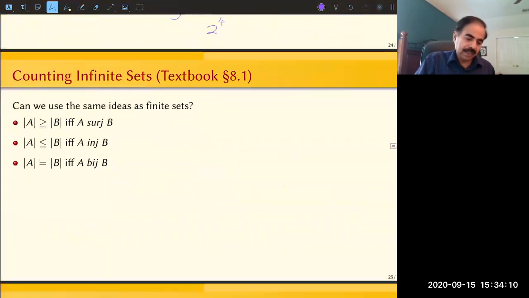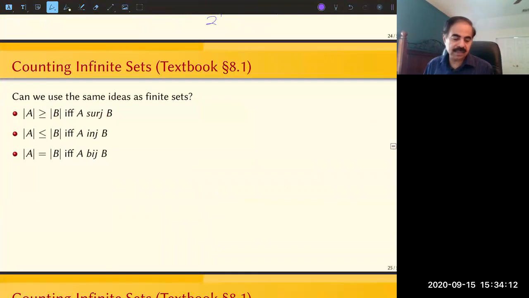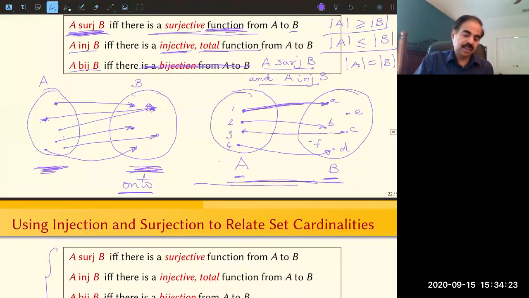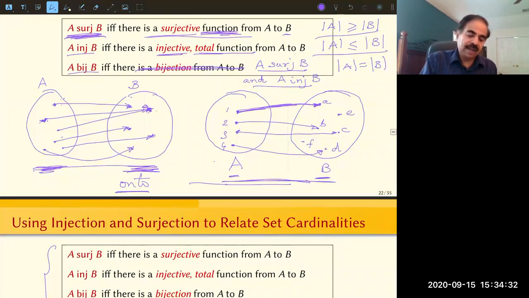So now let's look at how to count infinite sets. There are many things that we don't quite understand about infinite sets, but hopefully when we go back to this picture showing surjection, what we are saying is that every element on the right is paired with at least one element on the left.